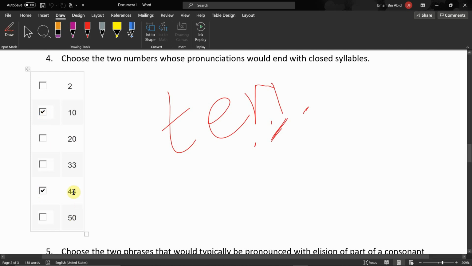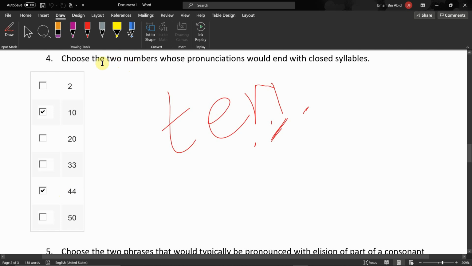Why forty-four? You might be thinking that the last sound is r in this word, and for many varieties of British English, if the r sound comes at the end of a word, usually it is not pronounced. So if we follow specifically Received Pronunciation, even this word will not fall in closed syllable, because they will say forty-four.